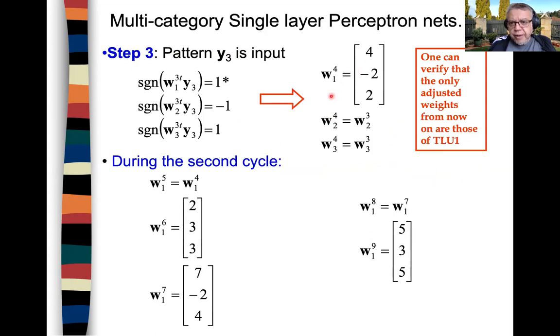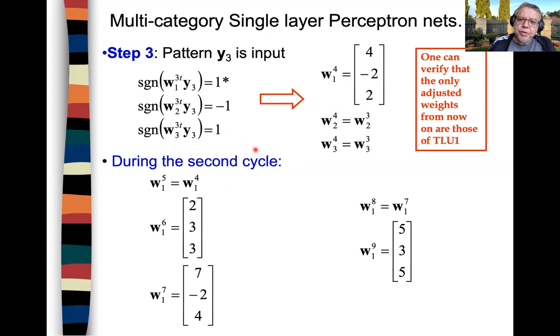And then after the fourth iteration, we realized that we didn't achieve convergence. So what we do is we go through another cycle of patterns. So we finished with pattern number 3.